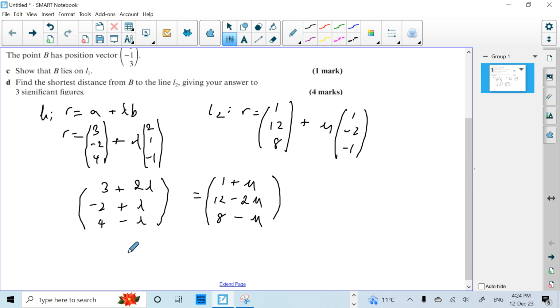So what happens now is that I'm going to use the i and j components to solve simultaneously. It doesn't really matter, you can use what you like.